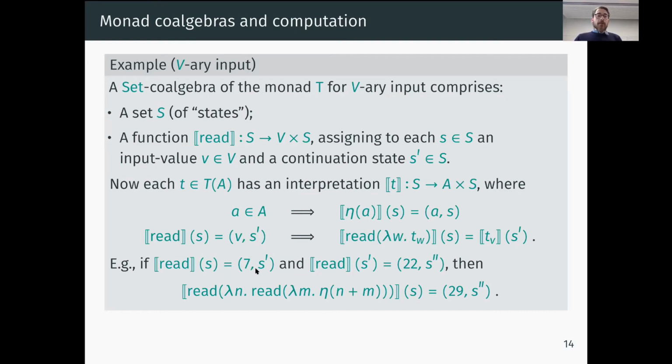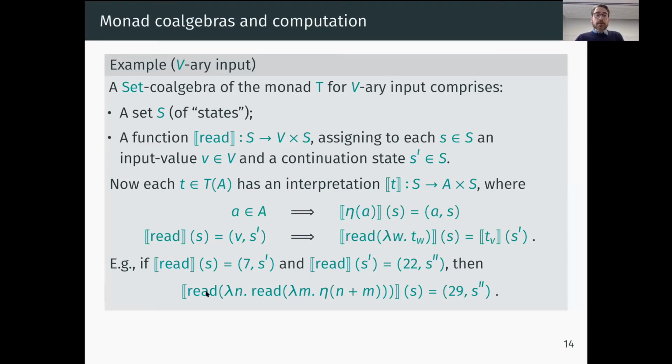In that case, what my environment is doing is, starting from state S, the next value it gives you is 7, and it continues as S prime. Then starting from state S prime, the next value it gives you is 22, and then it continues as S double prime.